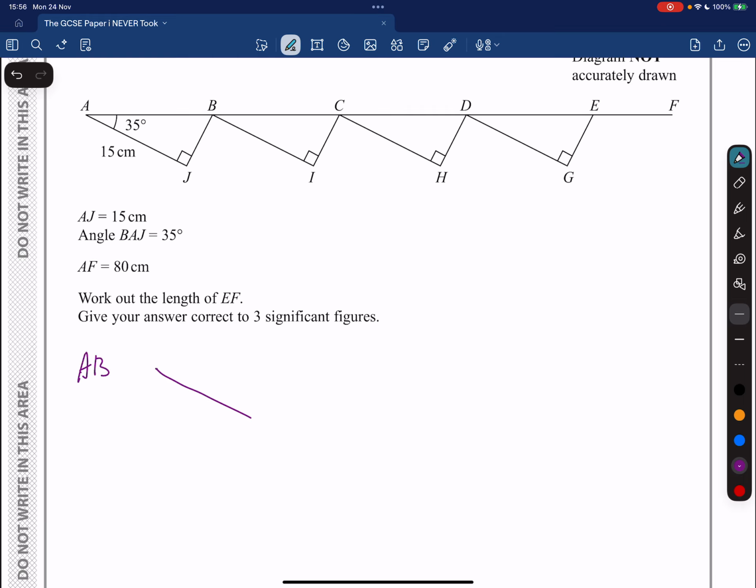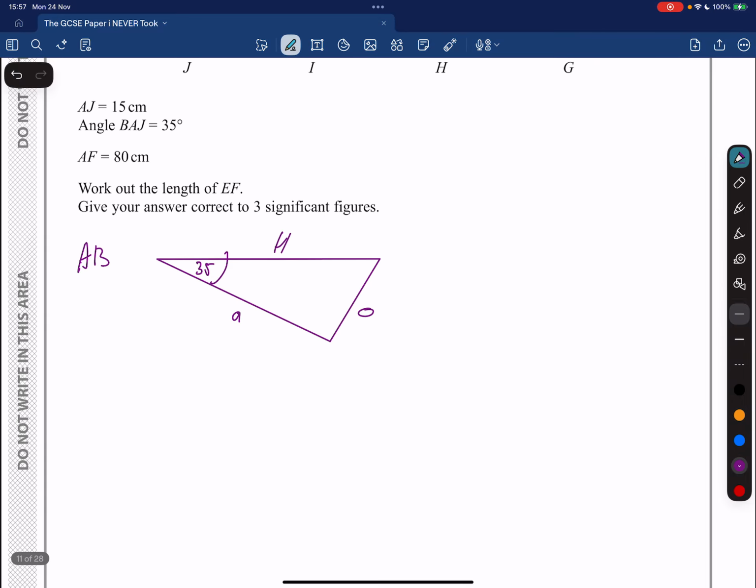What we've got is this, and we've got this. This is 35. This is the hypotenuse, we're looking for the hypotenuse. This here is the adjacent, that's the opposite. So we are using cos theta is equal to adjacent over hypotenuse.